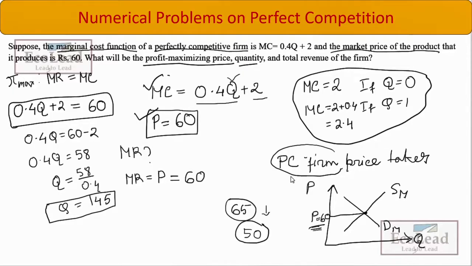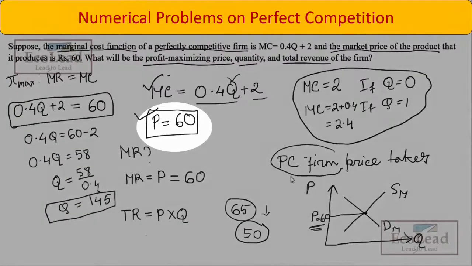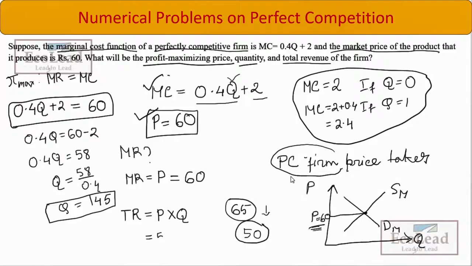Now let us move to the third question. The third question asks what will be the total revenue of the firm. We know the formula for total revenue, or TR, is nothing but the price multiplied with the quantity. We have identified the price, the profit maximizing price or the market price for the product. So let us write the market price. The market price is 60 here. And what is the profit maximizing output?